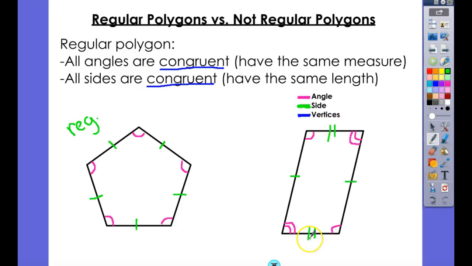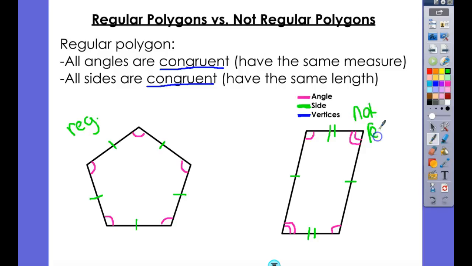So these two line segments are congruent and these two line segments are congruent, but they're not congruent altogether. So I show it by doing two strikes through these congruent lines and one strike through these congruent lines. Because this polygon has different angles and different sides, it is not a regular polygon.